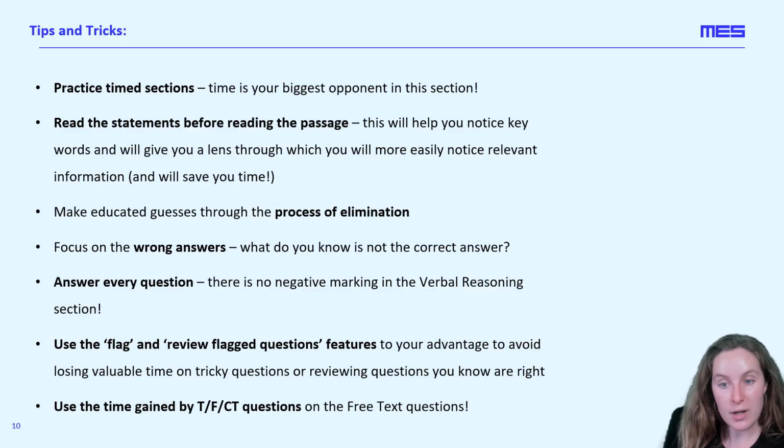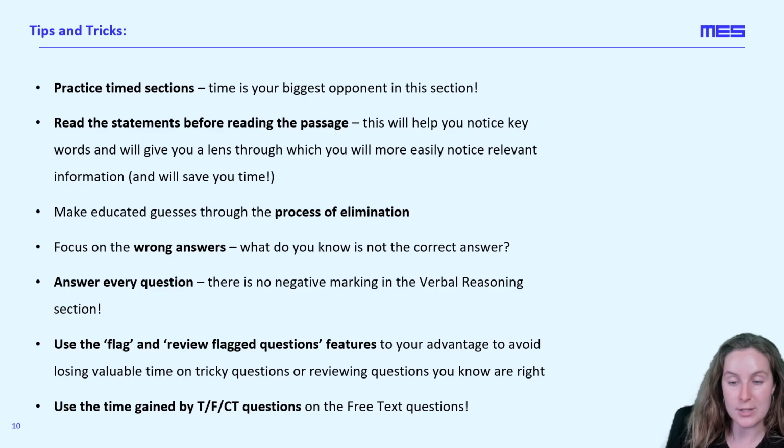Ideally, you would mark that question with an answer and then flag it to come back so that if you run out of time, you still have an answer there. Then you have an option to review all your flagged questions all at once. So rather than clicking through all 44 questions in order to review the ones you don't know, that guides you only to the flagged questions so that you can only go back to the questions you know you need a little bit more time on.